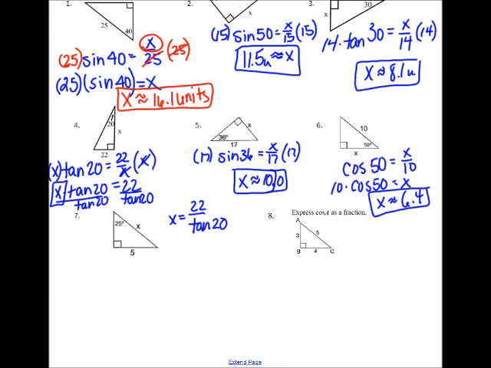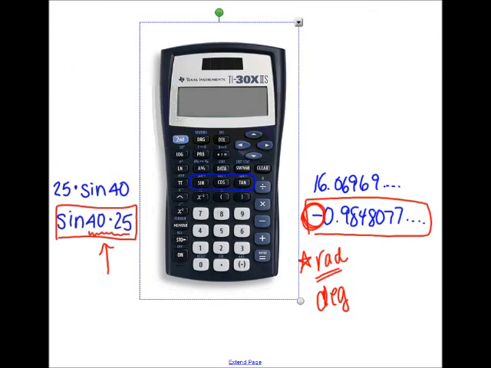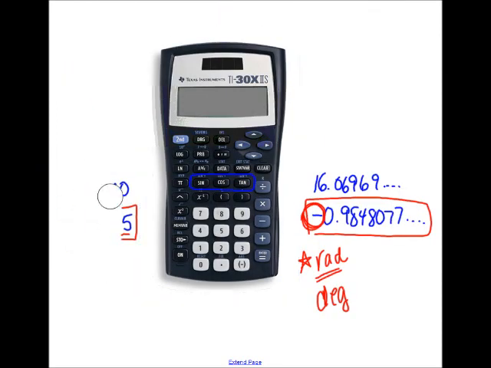So you want to go over to your calculator and put in 22 divided by tangent of 20, and then you hit equals. 22 divided by tangent of 20 equals 60.44450, and so on.